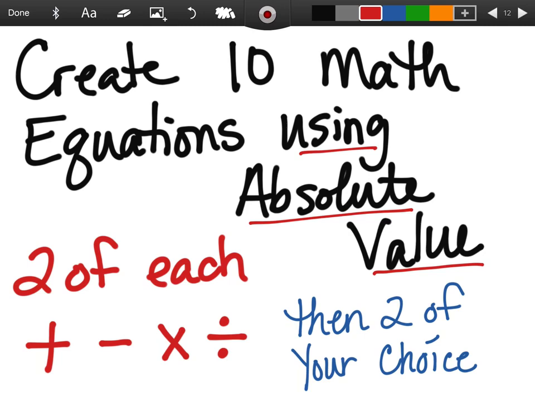And you must use 2 of each: 2 addition, 2 subtraction, 2 multiplication, then 2 division. Then you'll have 2 extras, and you can use 2 of your choice, whatever you want for that one. Just make sure all of your equations use absolute value, and make sure you have solutions.